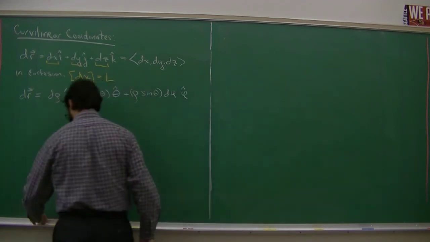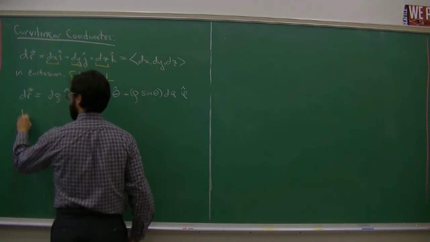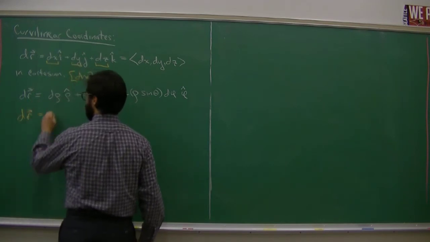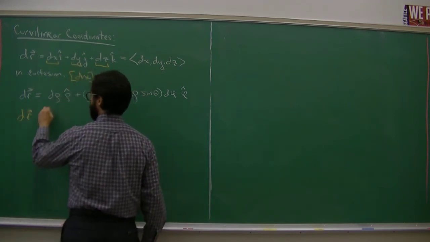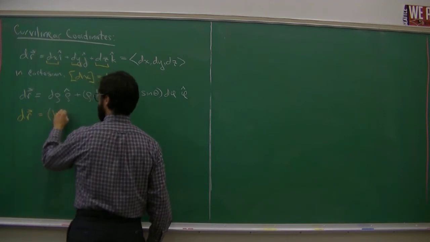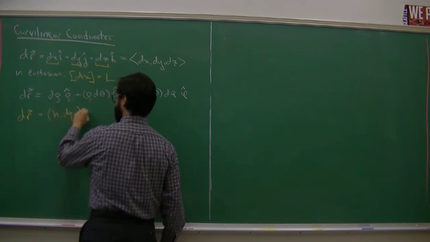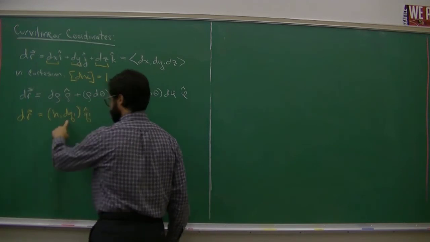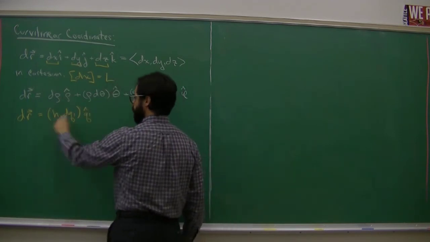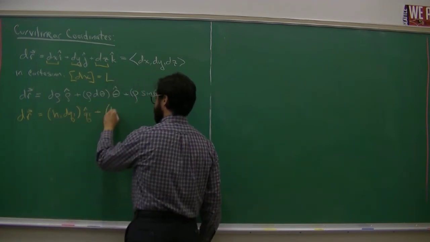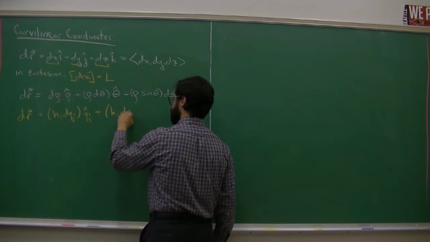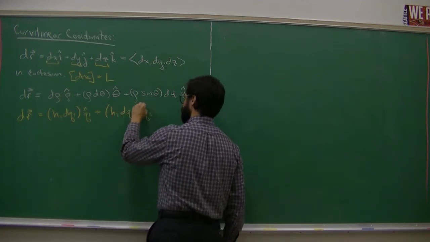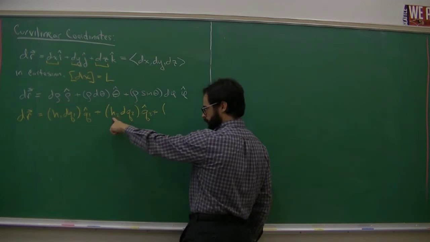And in general, we can write in some coordinate system any line element like this. So we'll call it h1 dq1, q1 hat. So q is the coordinate and h is the scale factor, and then h2 dq2, q2 hat, where h2 is the scale factor.